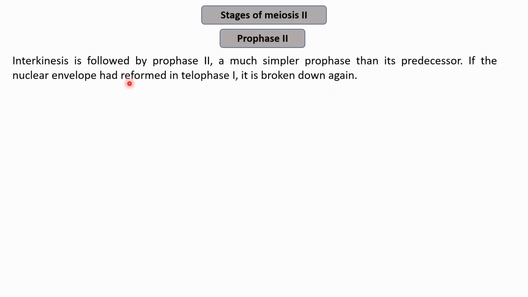If the nuclear envelope had reformed in telophase 1, it has to be broken down again. If it has not formed, then the cell can proceed directly with prophase 2. So this prophase is comparatively easier than the earlier prophase 1.